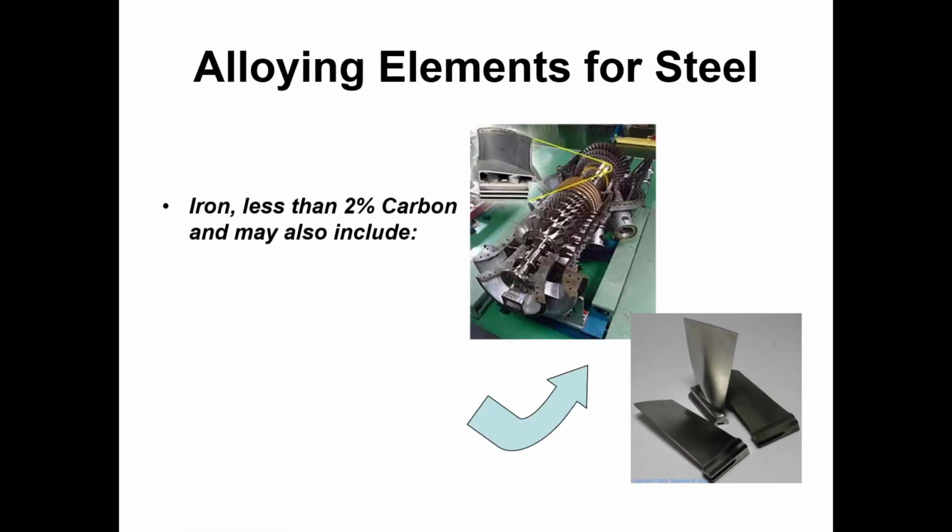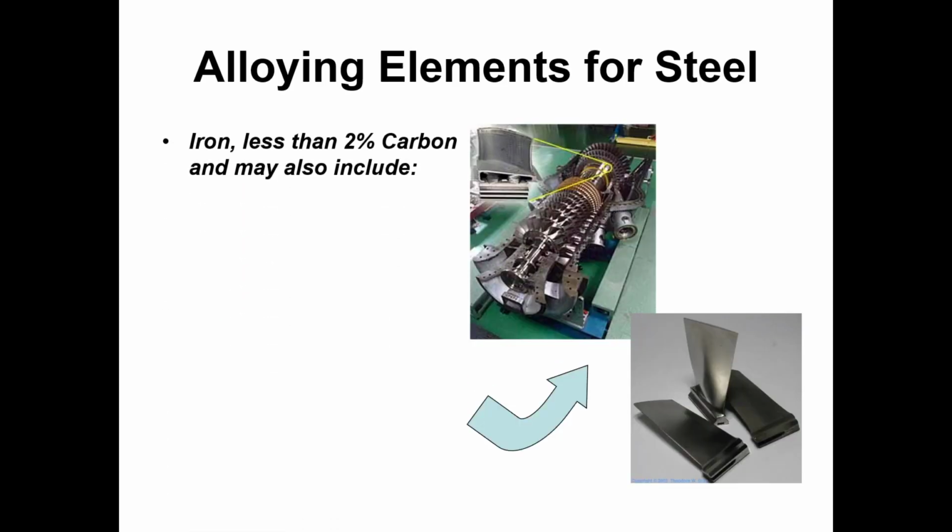If you get less than 2% carbon, which may seem paradoxical, that less carbon gives you steel, 2% carbon or less gives you steel versus 2% or more carbon gives you iron.